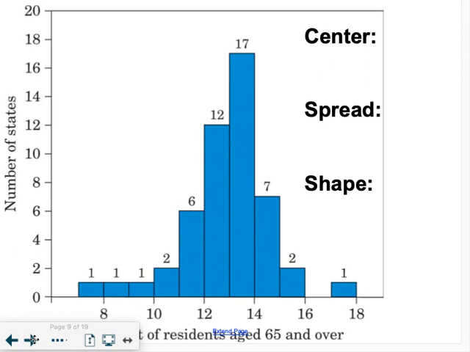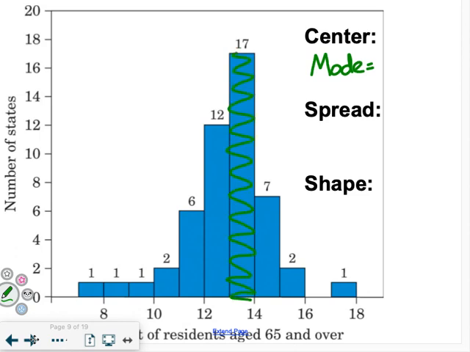So for this example, we're going to do all three things. With center, I can do mean, median, or mode. In this case, I'm just going to do mode for this example. Our mode is the one that happens the most, and that would be this right here. For this example, our mode would be a range from 13 to 14.